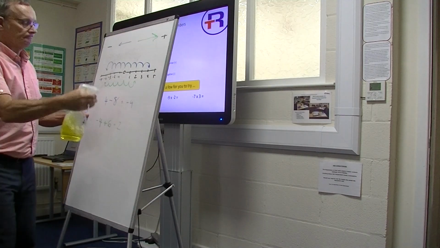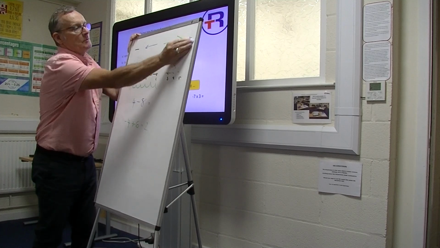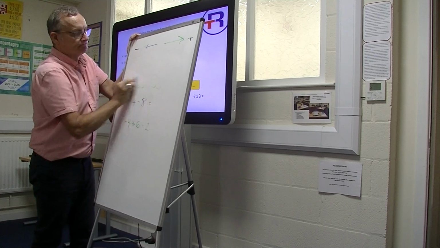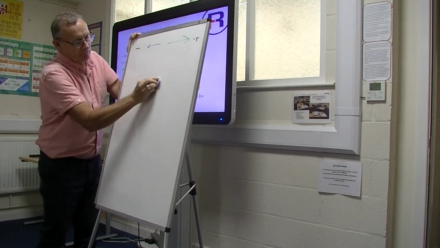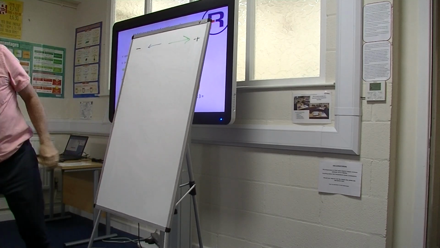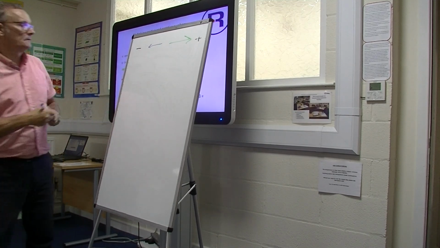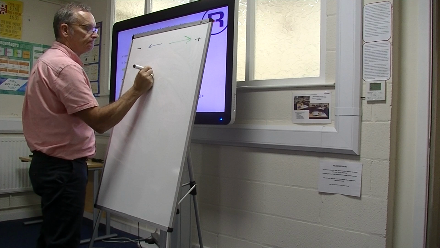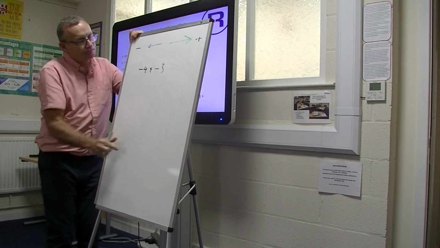Right. So first of all, let me just rewrite that sum on this particular board. Here we go. Just make sure that's dried off. So first things first, what have we got here?